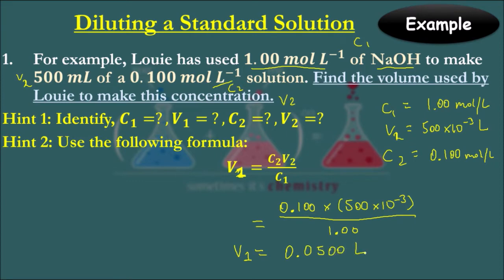Okay, so that's what we have. In that case, about 50 milliliters to get that particular solution there. Remember, volume is always in liters, so make sure you don't confuse that.